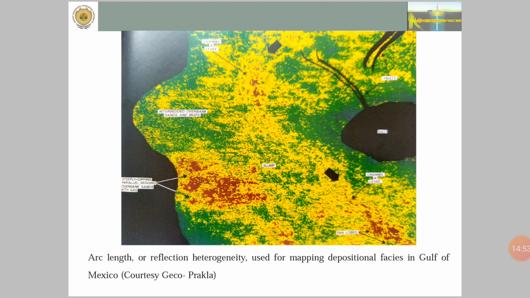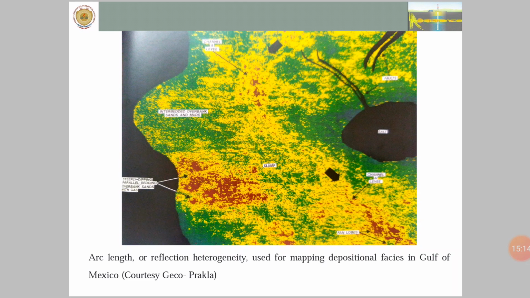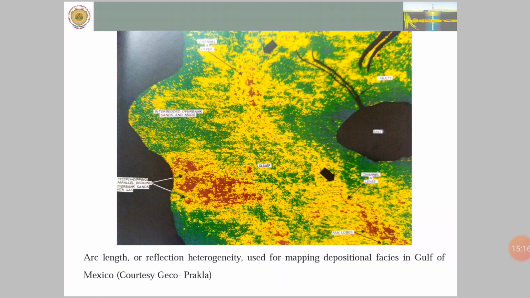Another important attribute which has to be understood is arc length. Arc length, or reflection heterogeneity, was used to map depositional phases. Notice on the left, steeply dipping parallel bedding, overbank sands with gas. On the right, the green color shows the slumps, which is more on the northeast.